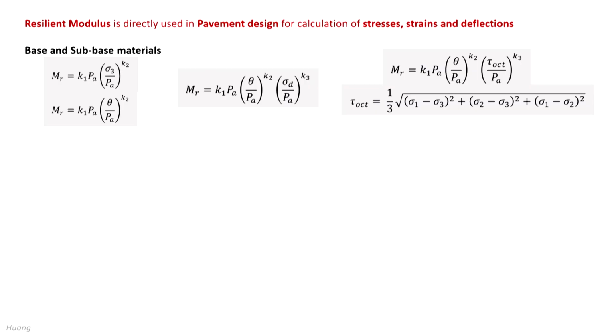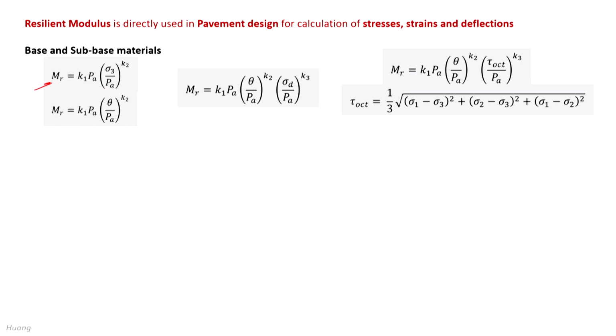Finally, there are various models for resilient modulus which have been proposed by various researchers over a period of time. These show how the value of resilient modulus changes with the change in the input parameters during the triaxial test. For example, this is a common model where resilient modulus is related to sigma 3, the lateral stress applied in the triaxial test, and it also has some model coefficients which depend on the response of the material.